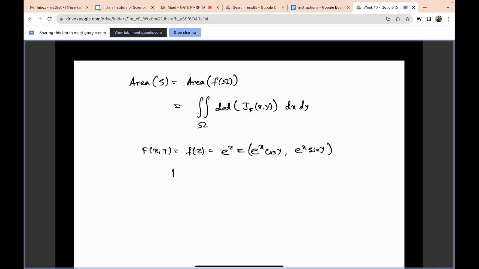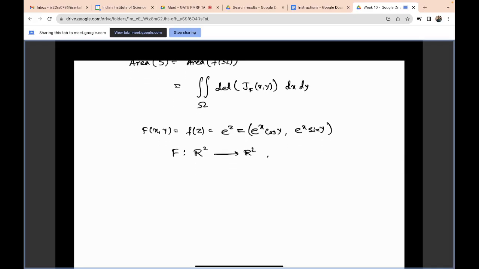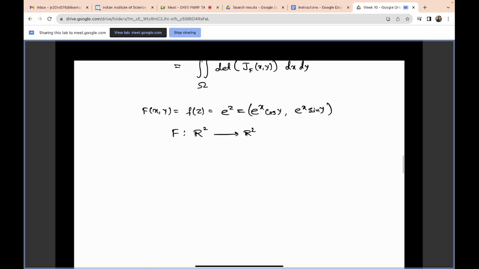So F is a function from R2 to R2, right? So you have to find the Jacobian determinant of this F at some point (x, y). Suppose we call the output (u, v).